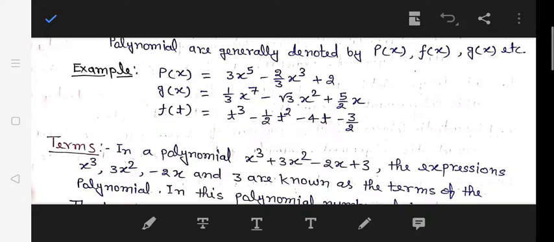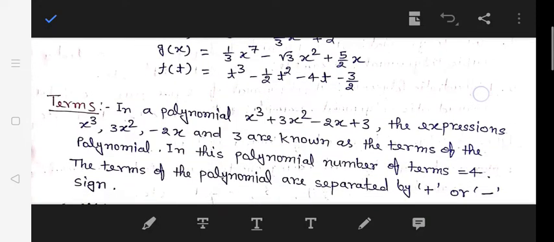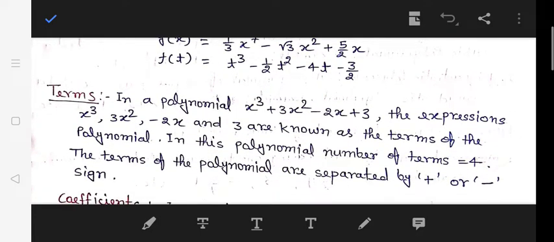Now I am going to explain what the terms are. So here, terms in a polynomial. I have taken an example of a polynomial, that is x cube plus 3x square minus 2x plus 3. The expressions x cube, 3x square, minus 2x and 3 are known as the terms of the polynomial.